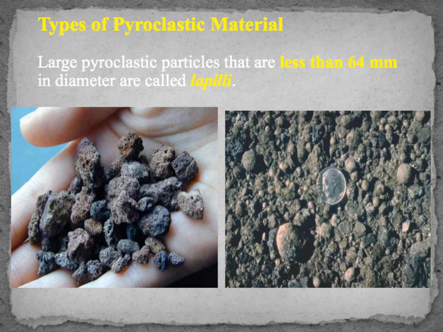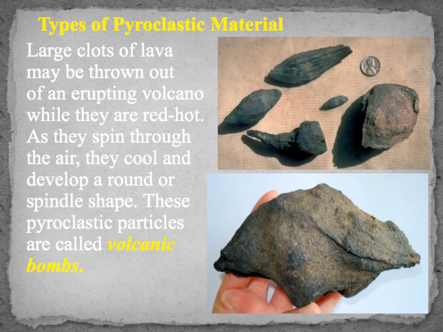As we get bigger, if you have pyroclastic material that is around the size of a dime, less than 64 millimeters or 6.4 centimeters, we call that lapilli. It's a little bit bigger than the dust. As we get bigger still, above 6.4 centimeters, above 64 millimeters, we call these objects volcanic bombs.